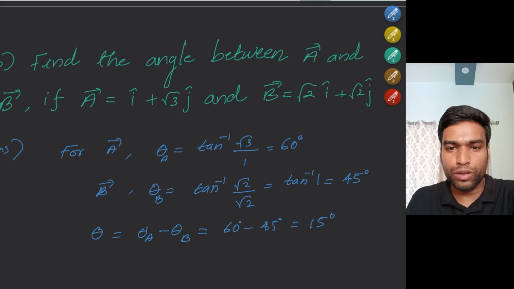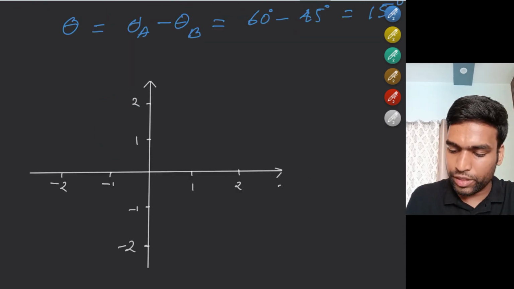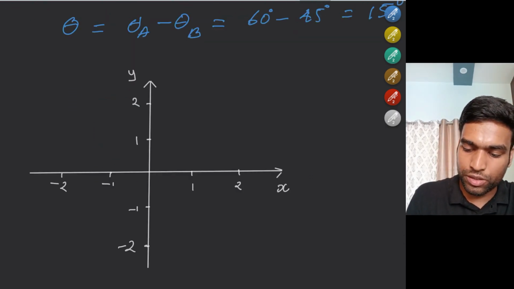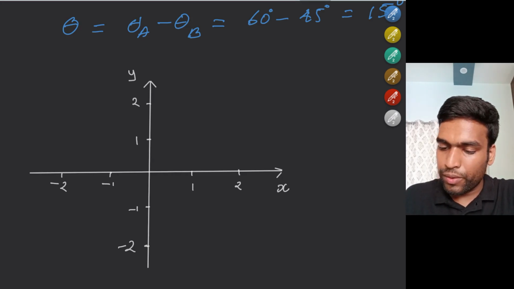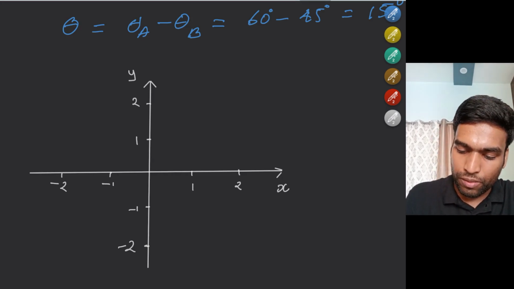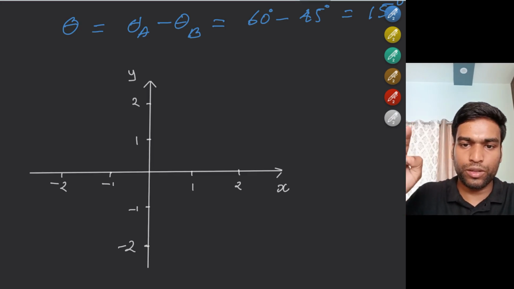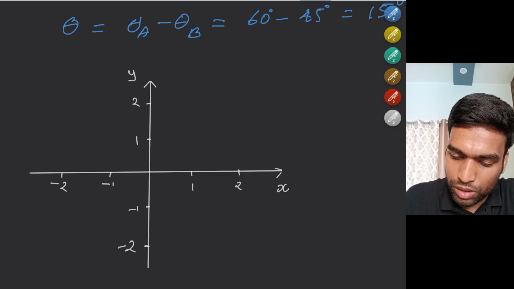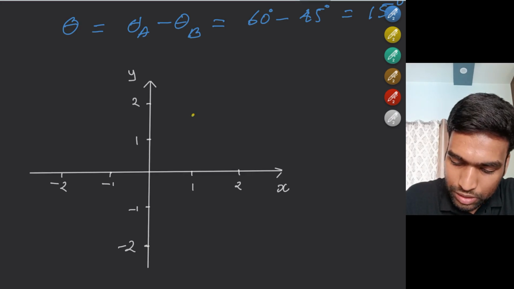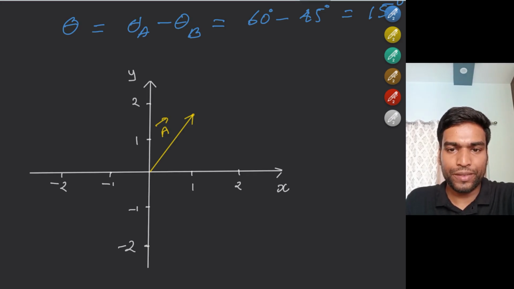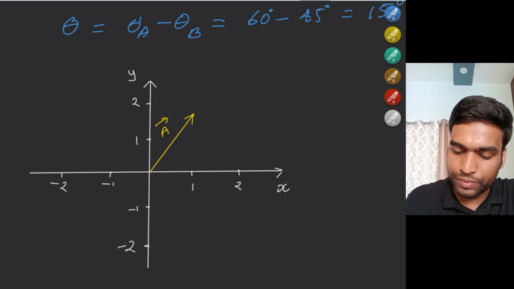Now, how will it look? Here is the x-axis and here is the y-axis. Let me draw vector A. Vector A has 1 as the x component and root 3 as the y component. So it may look like this. So here is the vector A. For vector B, the components are root 2 and root 2.